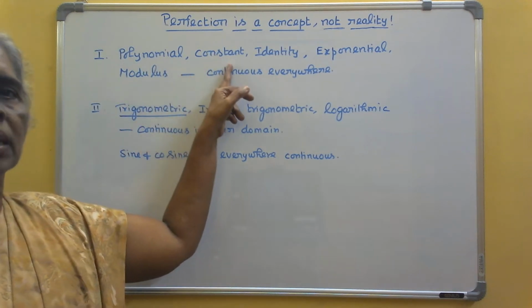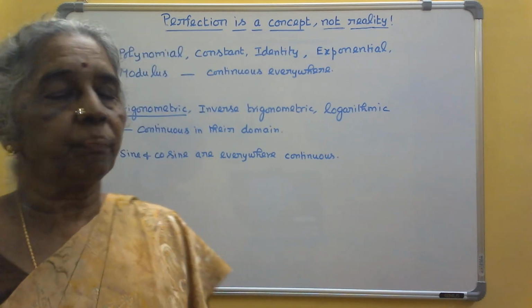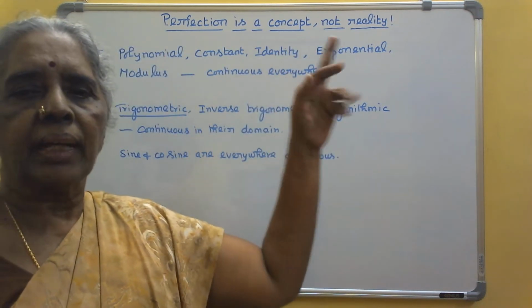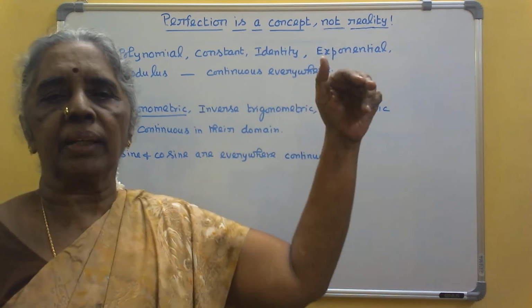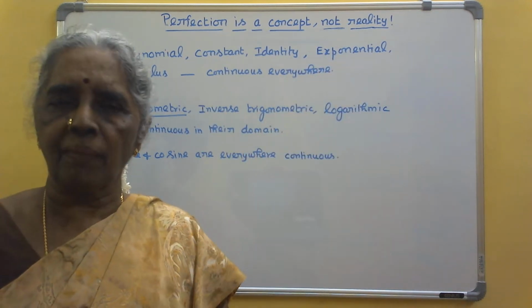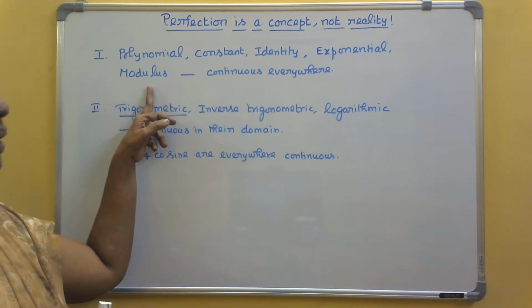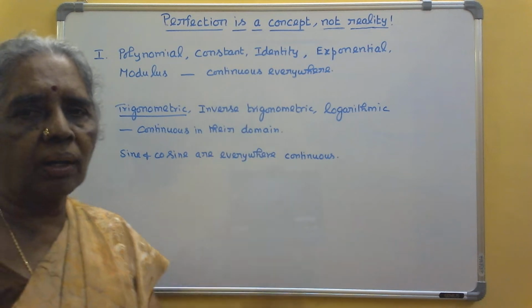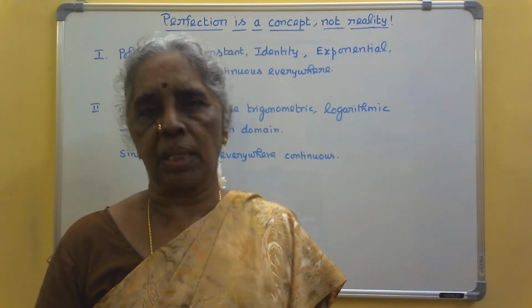And a constant function, that is f of x equal to some constant. Identity function, that is f of x equal to x. Then exponential functions, in this you can include a power x as well as e power x. Then modulus functions. All these functions are continuous everywhere. This is one main concept.